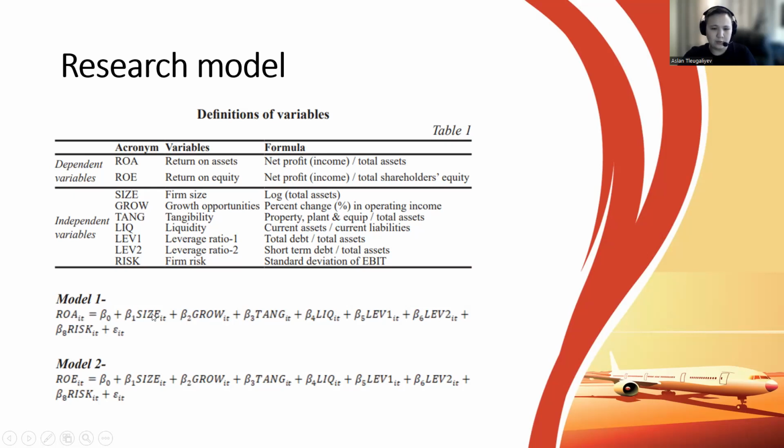However, if based on the regression results the R squared shows an indicator of 30%, it means that these independent variables explain only 30% of changes in ROA, and the other 70% of changes are explained by this unobserved or error term, the variables which we didn't include in our econometric model.